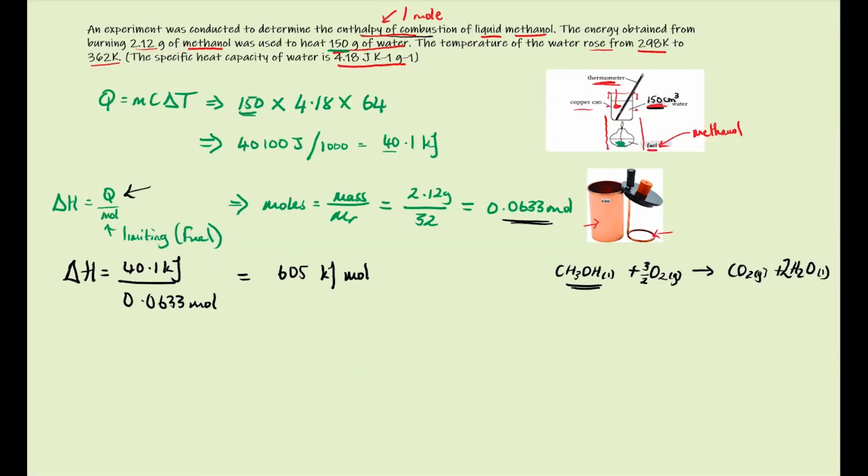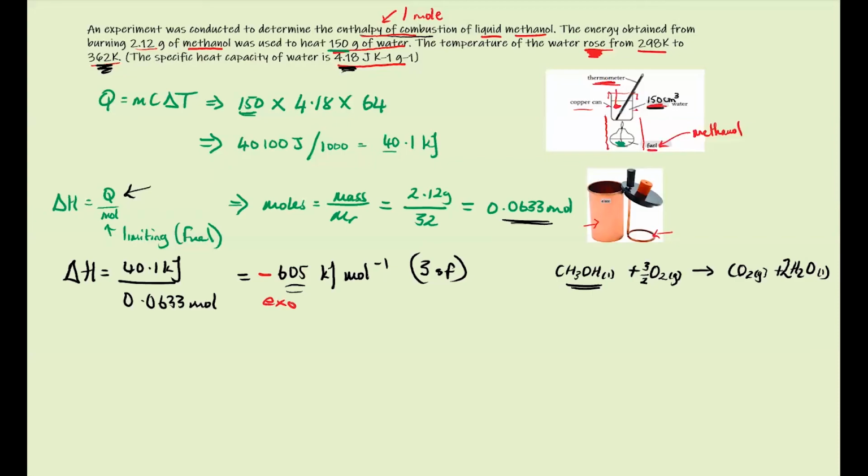Now, again, I need to go back and do one final check. I've done it to 3 significant figures because, again, we have 3 significant figures given in our numerical values in our question. So I can go up to 3SF. So I'll put 3SF there. But I do need to make sure I have a sign. And my sign here is going to be negative because it was a temperature rise, and we know therefore it's exothermic.